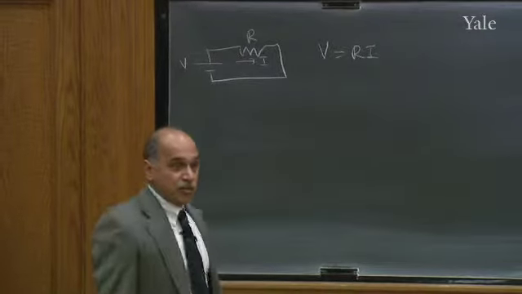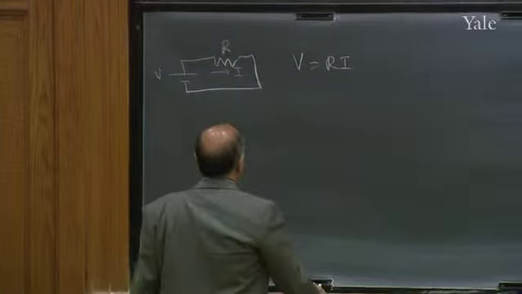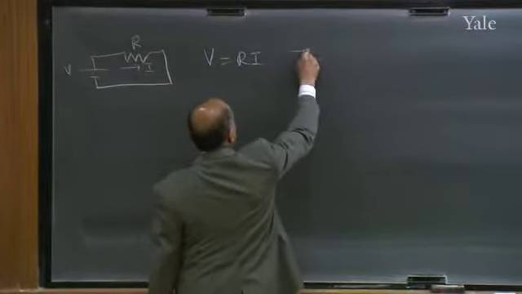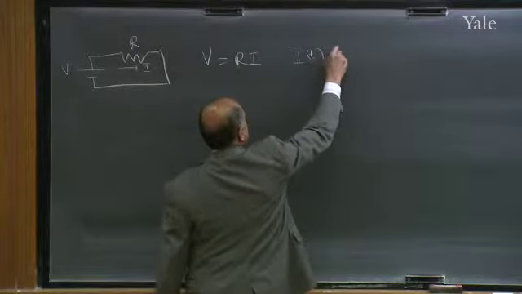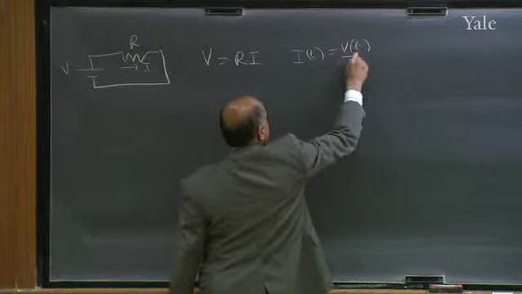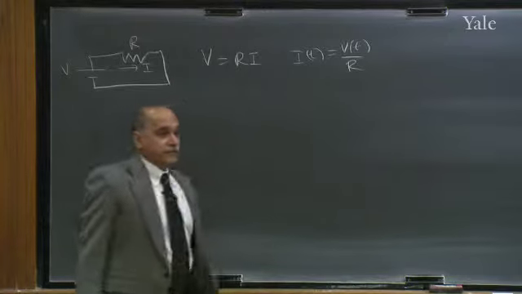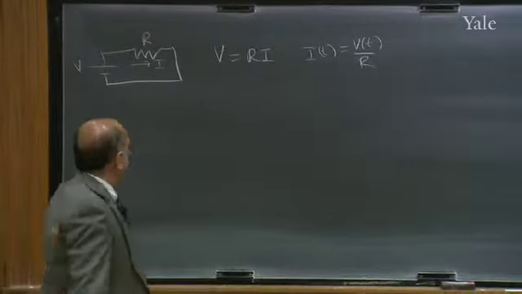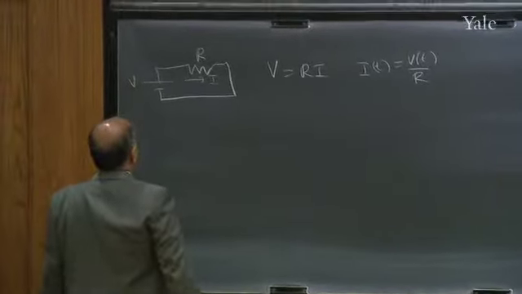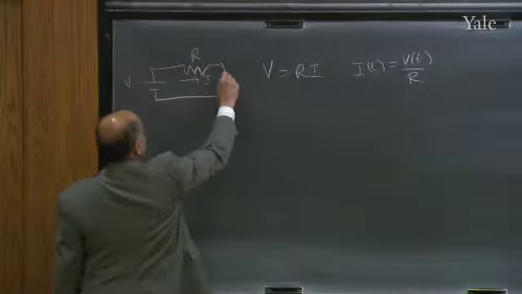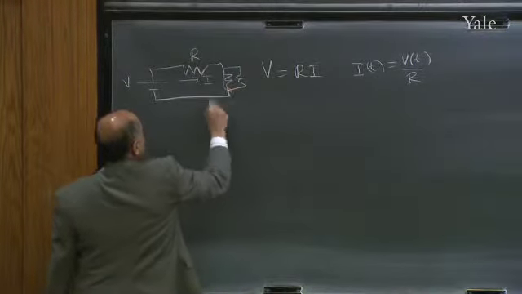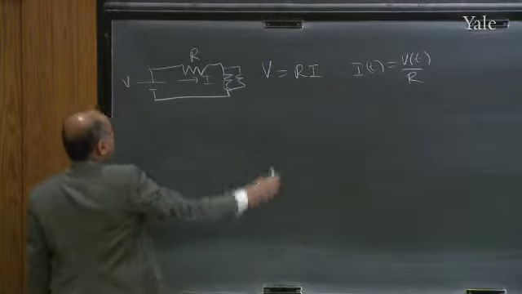Just an equation in algebra, one unknown. You solve for it by dividing, and you get I at time t as V at time t divided by R. And you can make the network more complicated, put a few more resistors here and there, resistors within resistors.